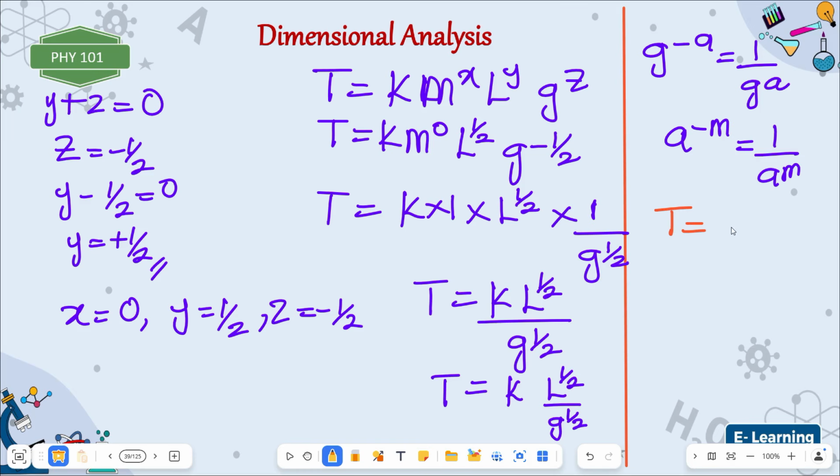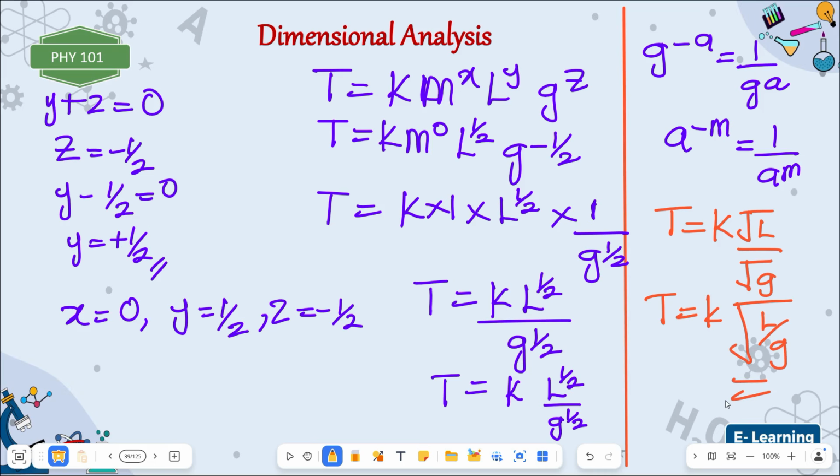So this will give us T is equal to K square root of L divided by square root of g, because L raised to the power of half can be written as square root, g raised to the power of half can be written as square root. Now, because we have square root on top and down, one big square root can cover them. So we have root of L over g. And this is the final answer to this question.